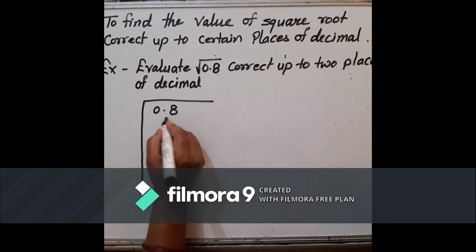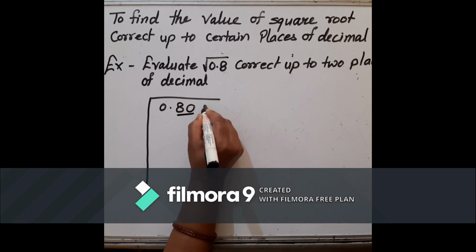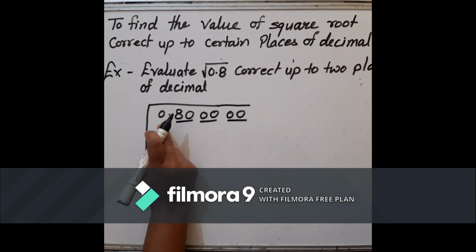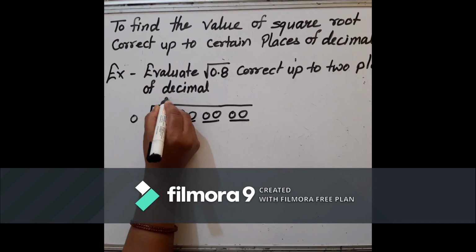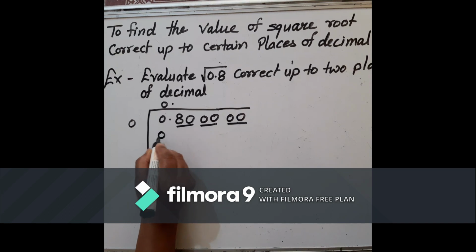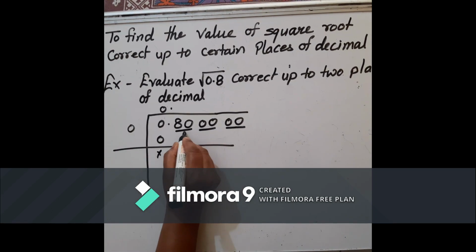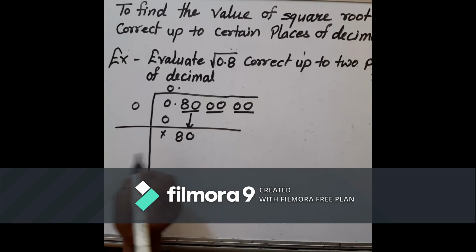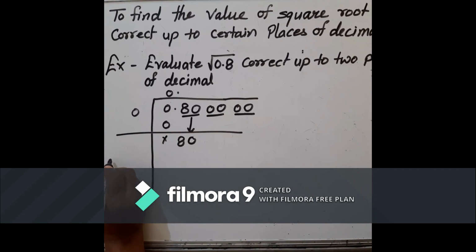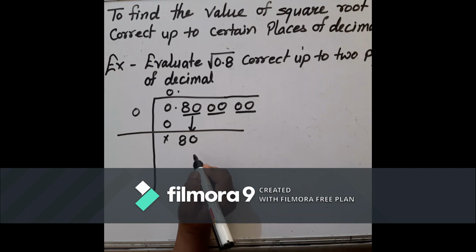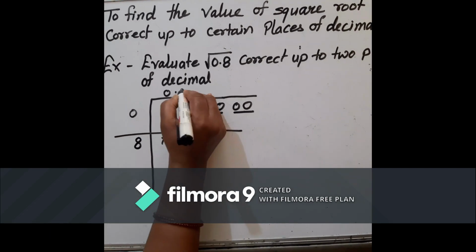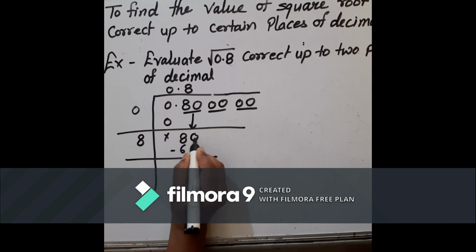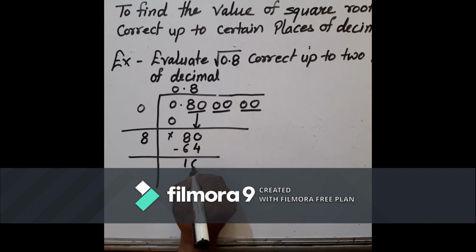Correct up to 2 places means after the decimal we take 3 pairs. Here we take zeros and put the decimal, then bring down. 8 8s are 64, 9 9s are 81, which is a bigger number, so we take 8 8s are 64, then subtract, 16 comes and bring down the pair.